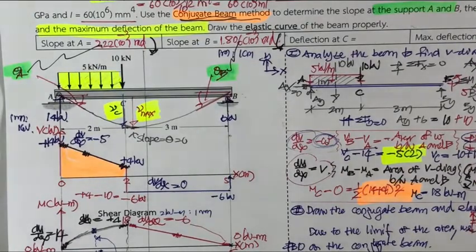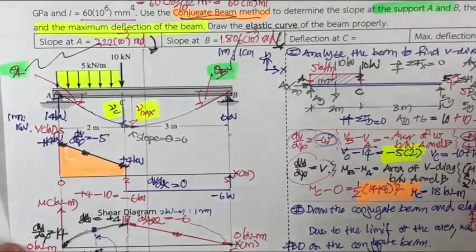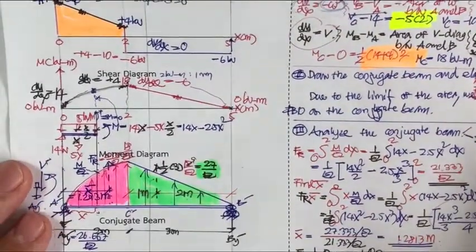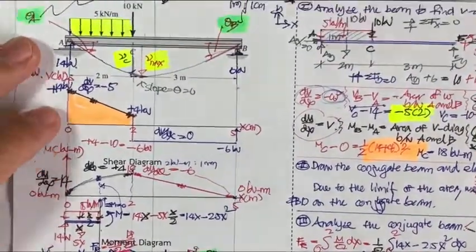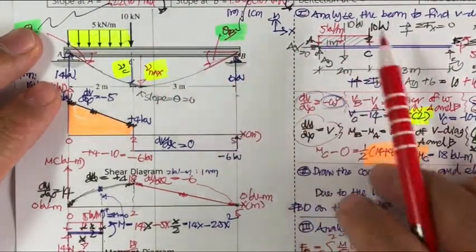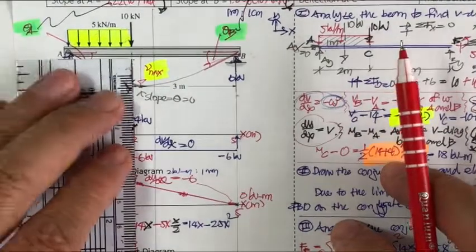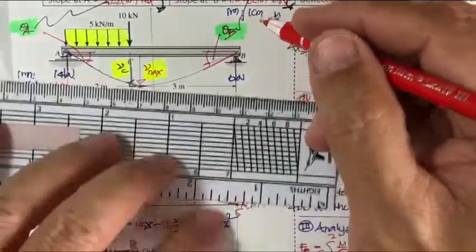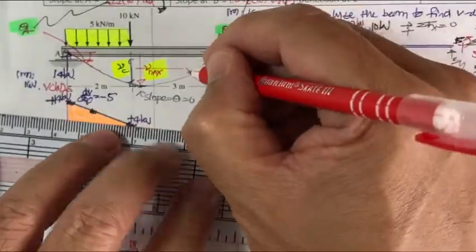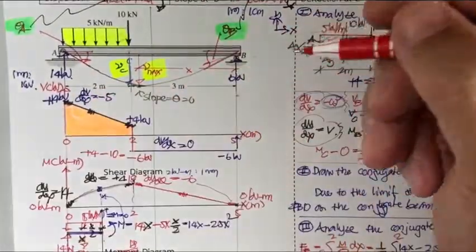Let me work on the V max first. The V max is going to occur here. Since V max occurs here, we don't know the position where V max occurs yet.